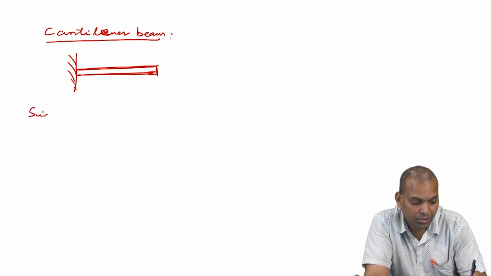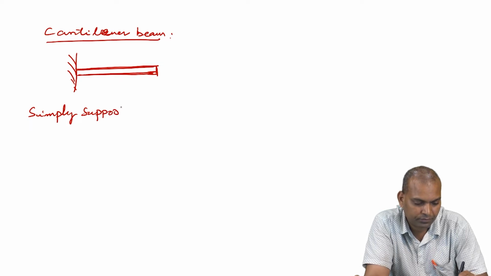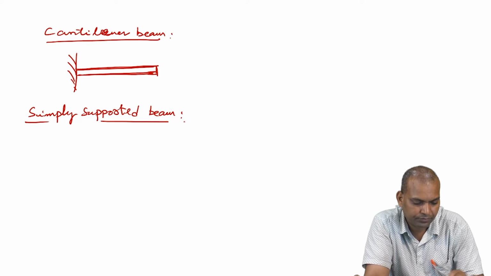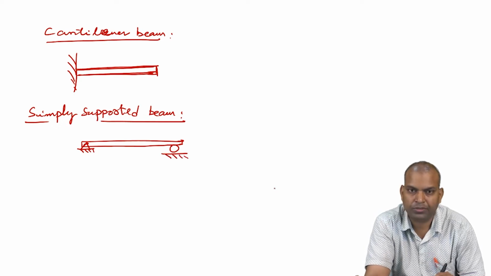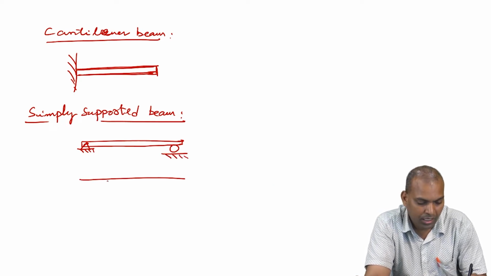The next one is the simply supported beam. The simply supported beam is supported with one end on a knife edge or hinged support, and the other can be a roller support. There are various types here.